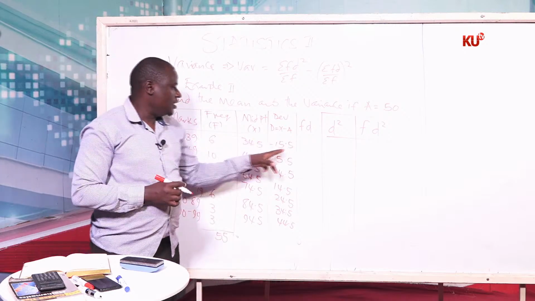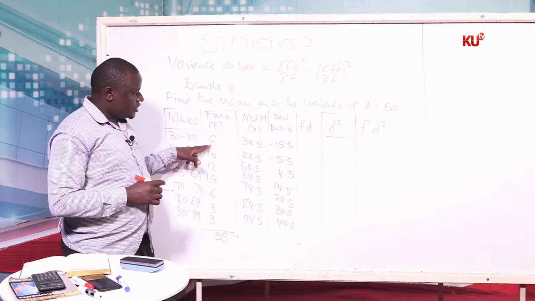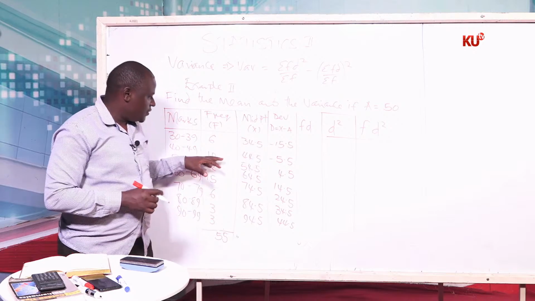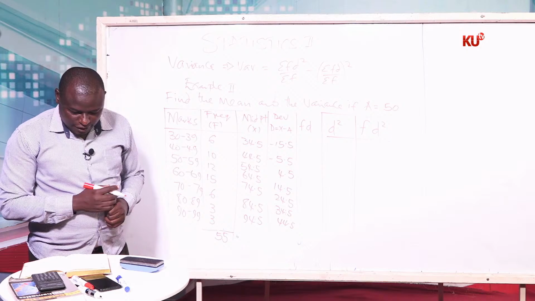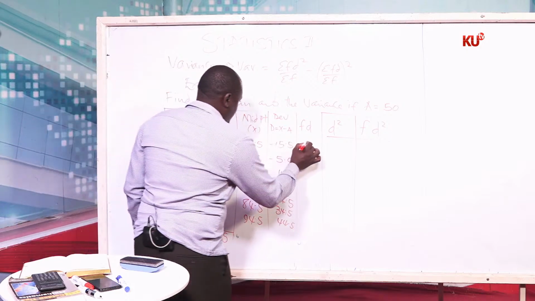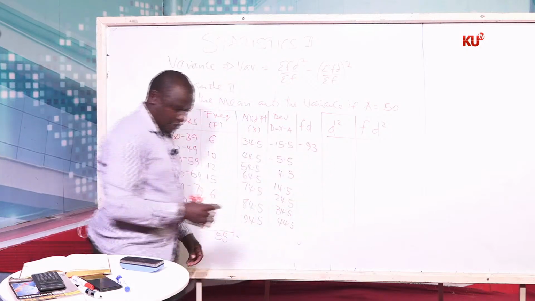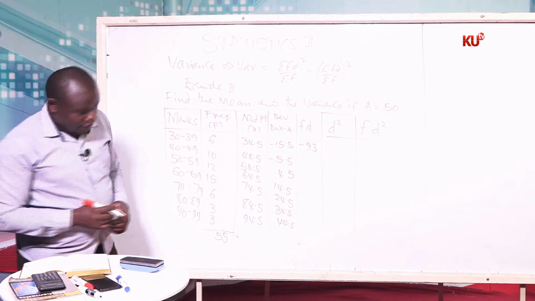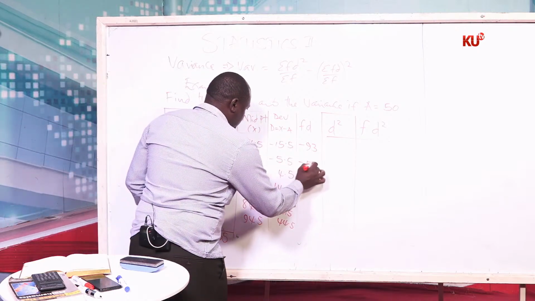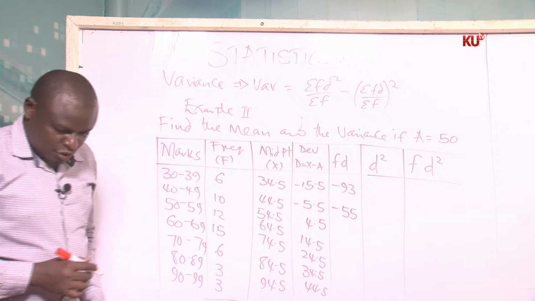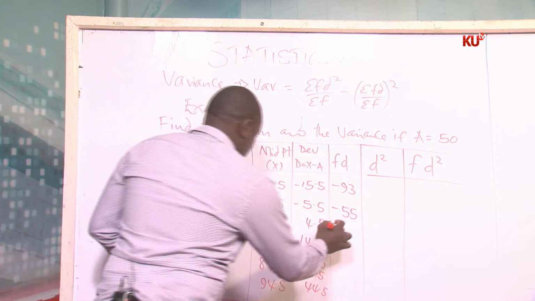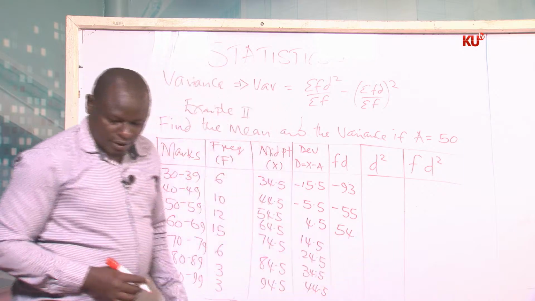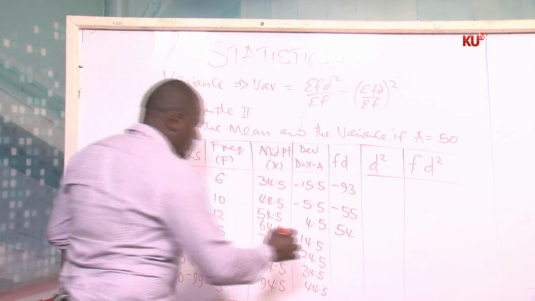Then we get FD. FD means frequency times deviation. Now that column will have values like negative 93. I have calculated that for you. Negative 55. The other one is positive 54. The other one is positive 217.5.